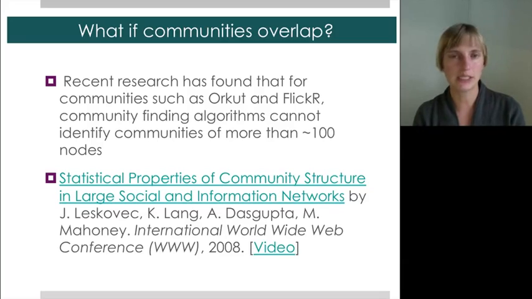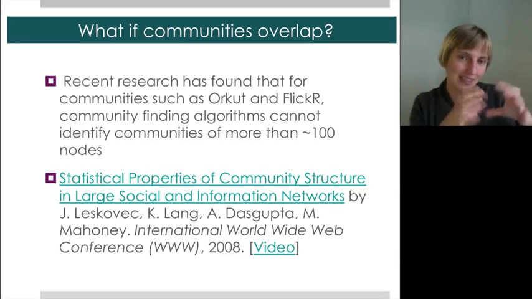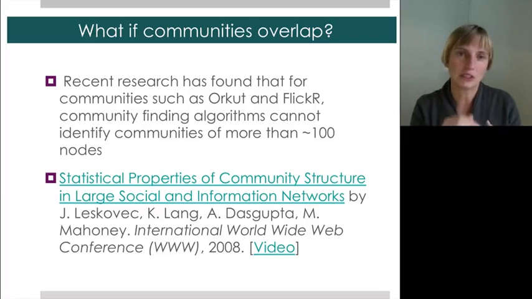And Jure Leskovec and his collaborators at Stanford have found that for many large social networks, the huge ones, precisely the ones that you would really like to be able to partition so you can study little parts of it, it's almost impossible to do so. So networks such as Flickr, Orkut, the Microsoft Instant Messaging graph, none of these are easily partitionable. And they found that at most, communities of 100 nodes can be separated, and everything else is too overlapped to do it.